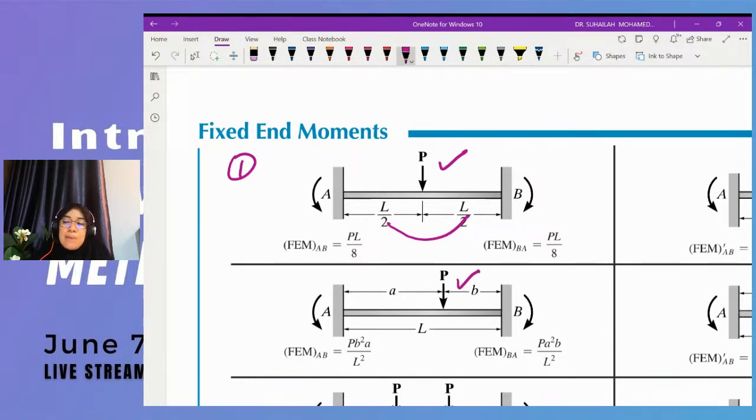And always remember, for the beam, the original position is horizontal.